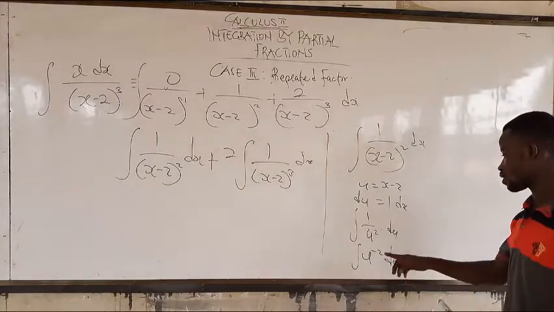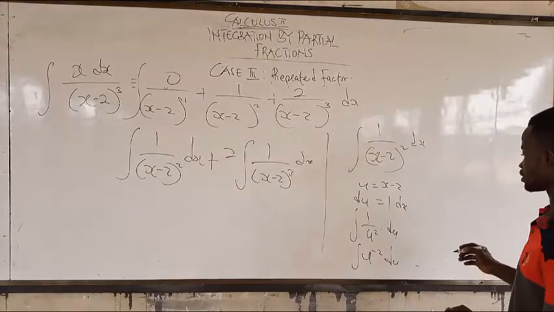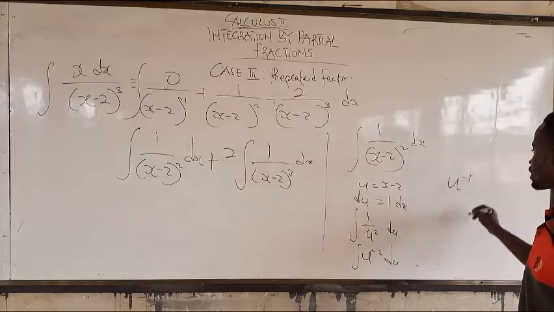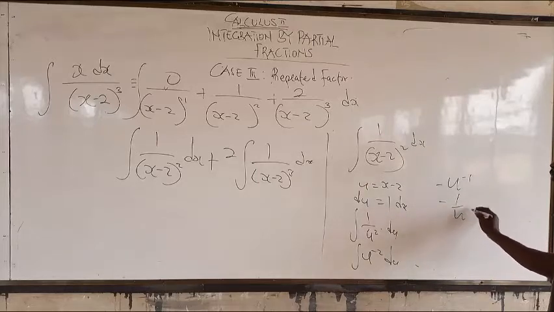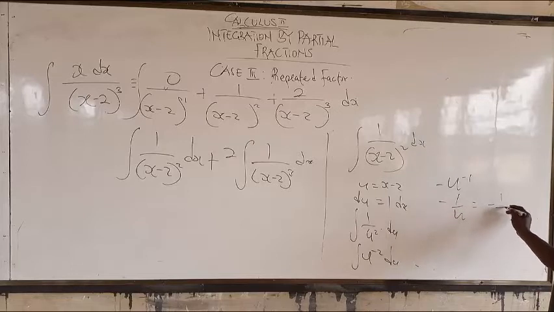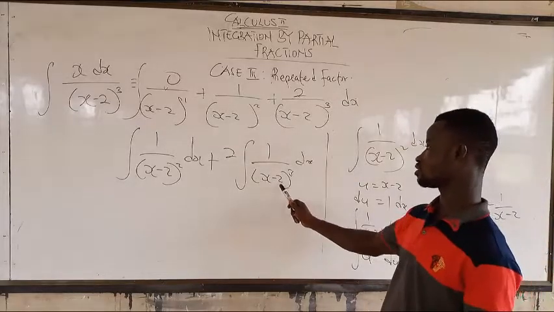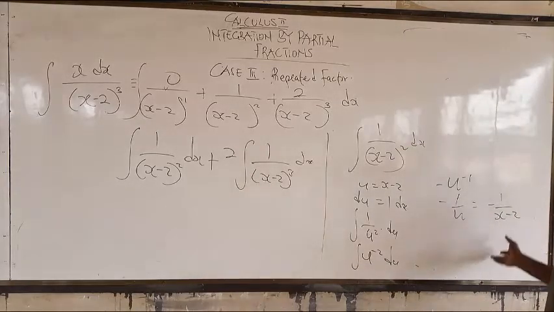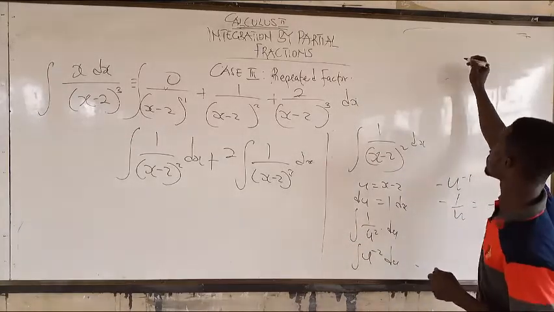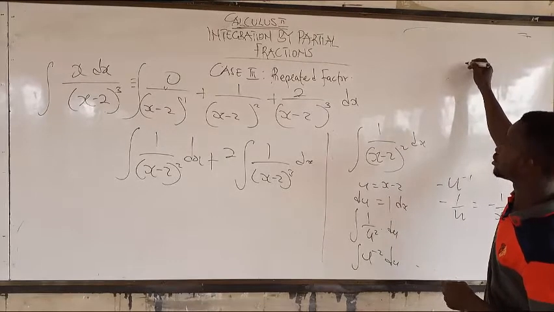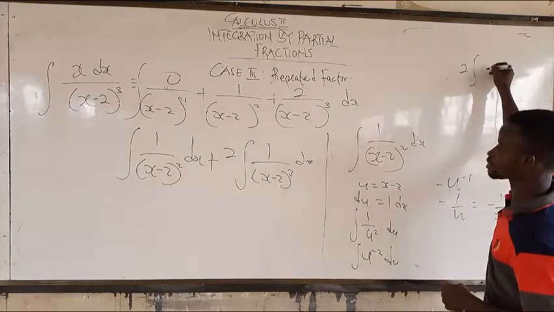So here you add 1 to the power, you divide by it. When you add 1, you get negative 1. Divide by it, you get negative. So you're going to get negative 1 over u, and this is negative 1 over s minus 2. Then you go for this. In fact, looking at what this is, you can tell what this is. But let's see. Two is multiplying, don't forget that.